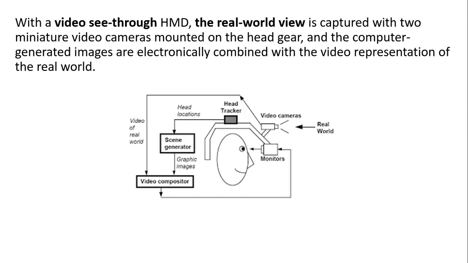The computer generated images and also the real world content which is captured with the miniature cameras are electronically combined with a video representation of the real world, and that can be viewed by a human with the help of monitors. That is video see-through.